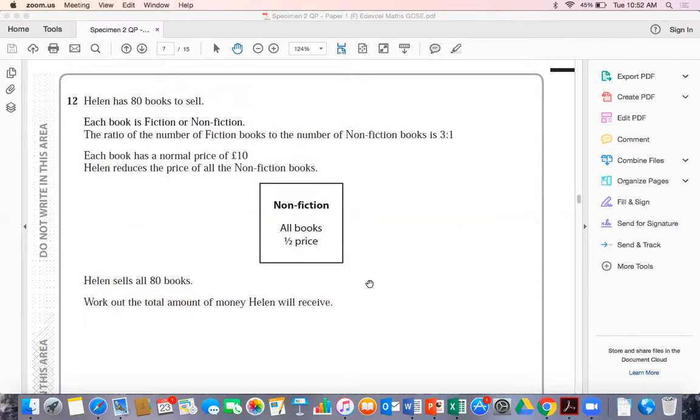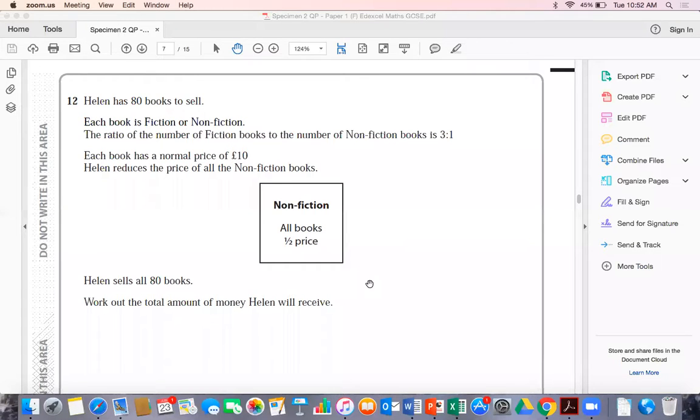Okay, Helen has 80 books to sell. Each book is fiction or non-fiction. The ratio of number of fiction books to non-fiction books is 3:1. Wait, let me write this down. She has total 80 books.